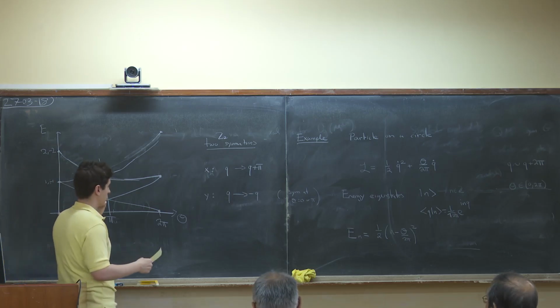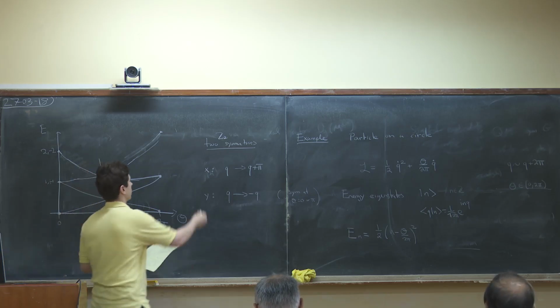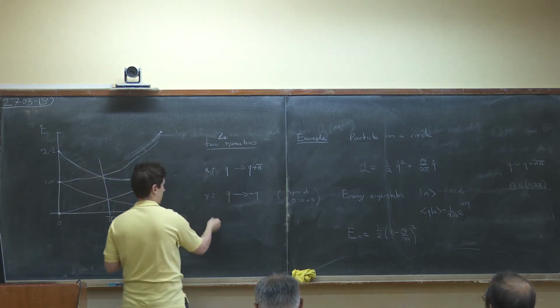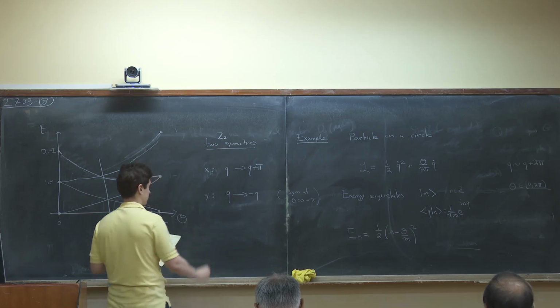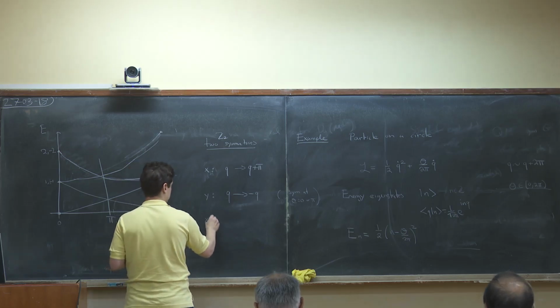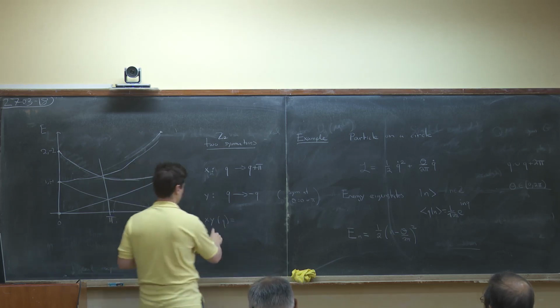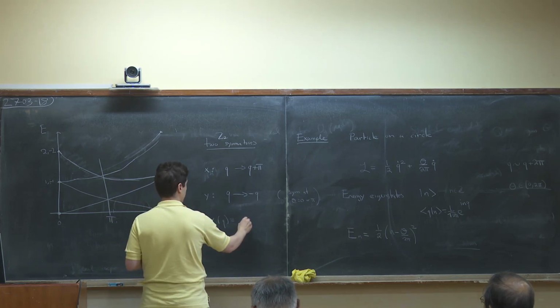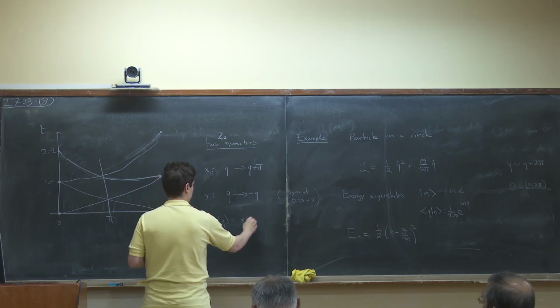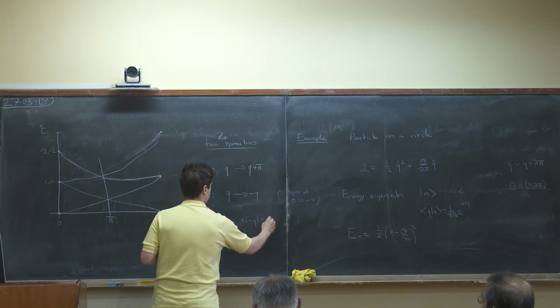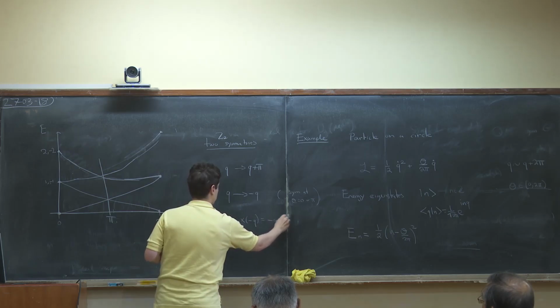Okay, so let's look at what happens when we consider XY versus YX. So XY on Q is X on minus Q, which is minus Q plus pi.